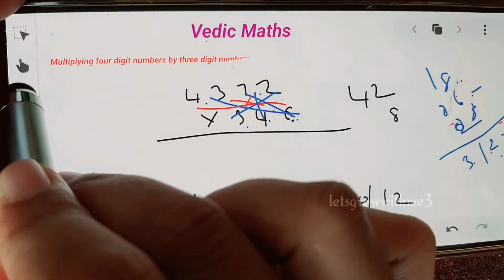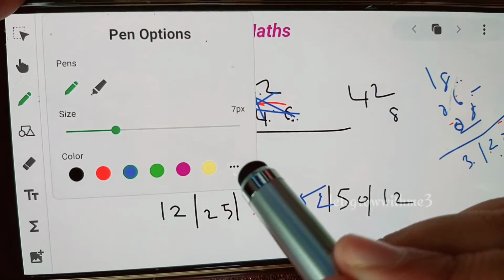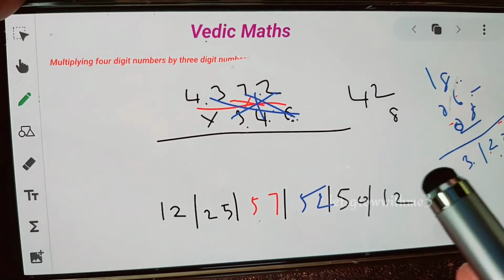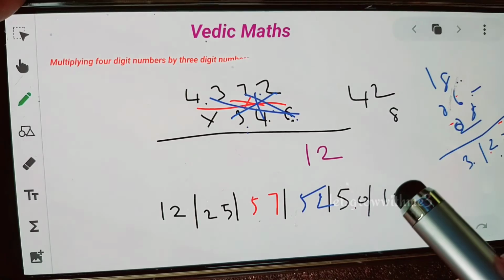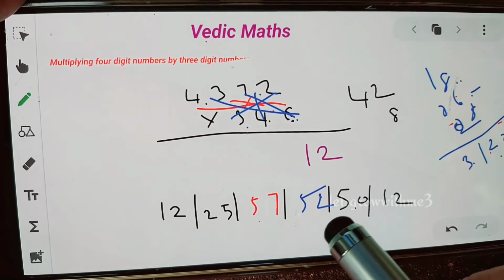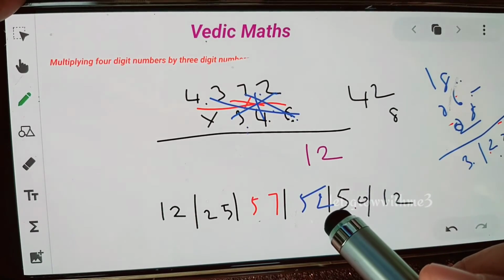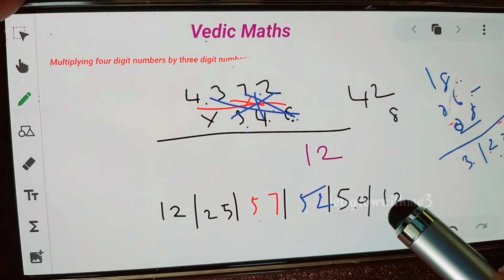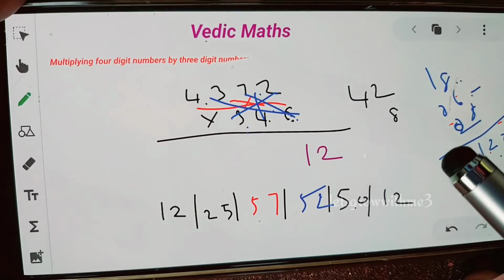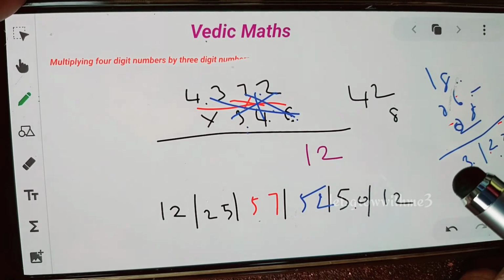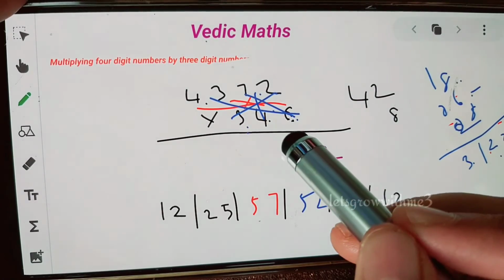So let me write the answer here. First value is 12, from that we need to consider 2, then the next one is carry forwarded to here. 51, again 5 is carried forward to here. Of course we are not getting any carry combination, so I want to keep the beads as it is.